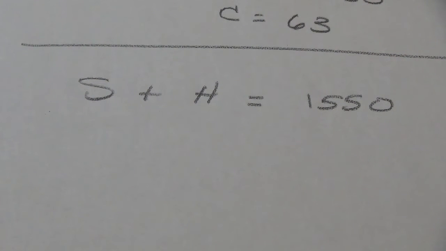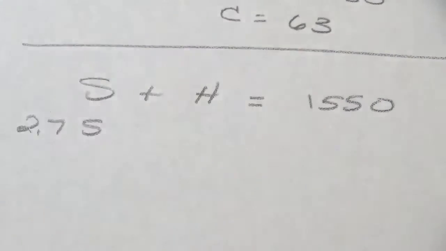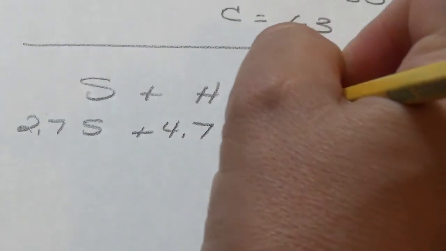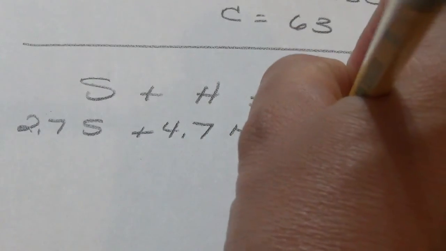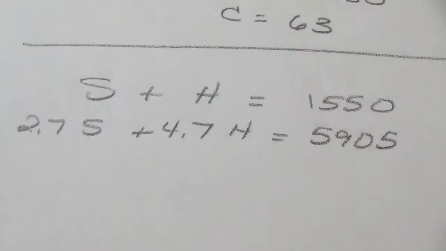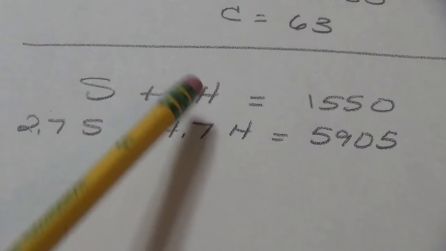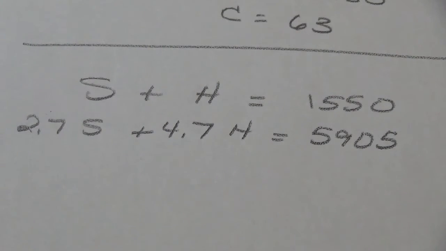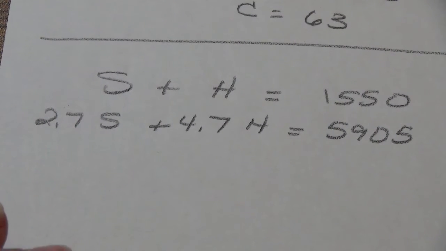There were 2.7 megabytes on the standard, so 2.7S. And there were 4.7 on the high quality. So 4.7H equals my total megabytes, 5,905. You again want to make sure you line up the like variables so my S's are lined up and my H's are lined up. You can switch them around if you need to.